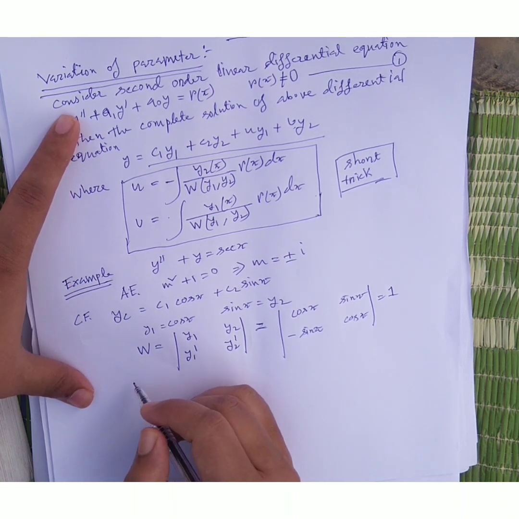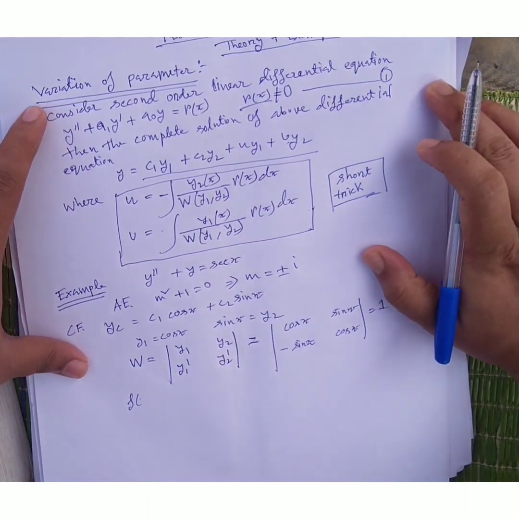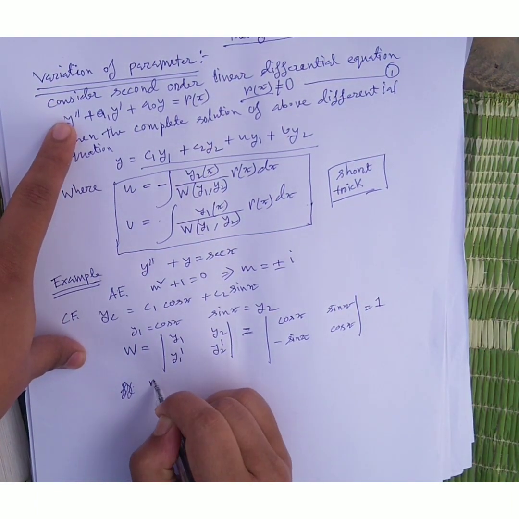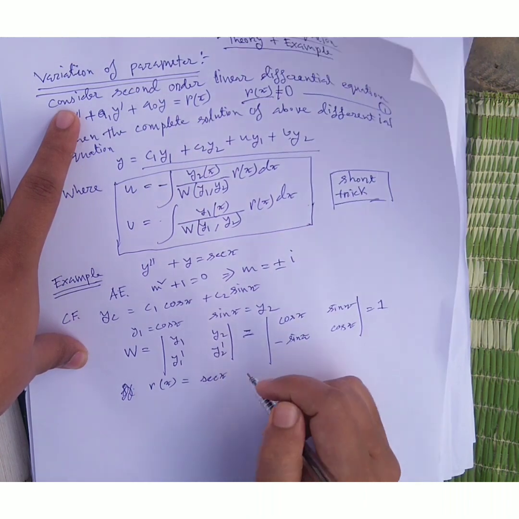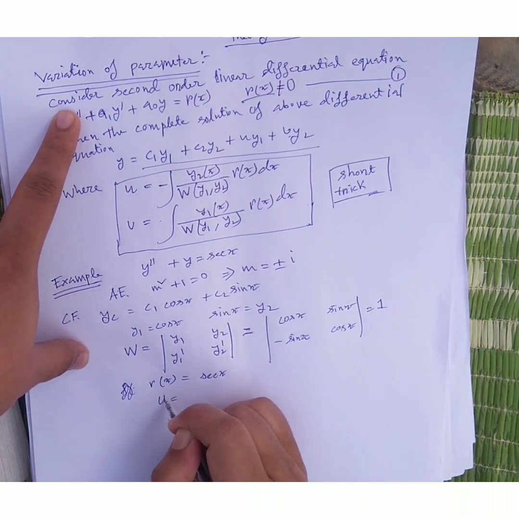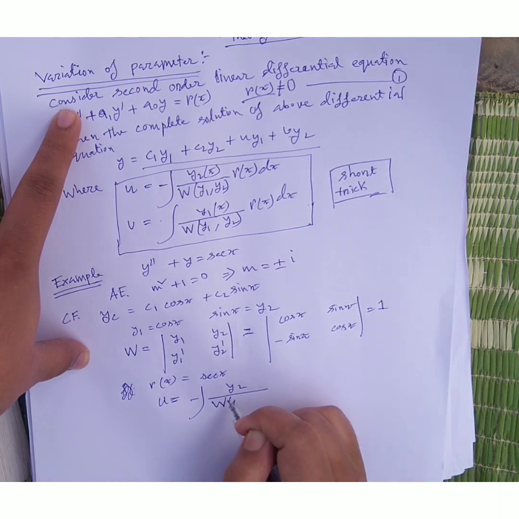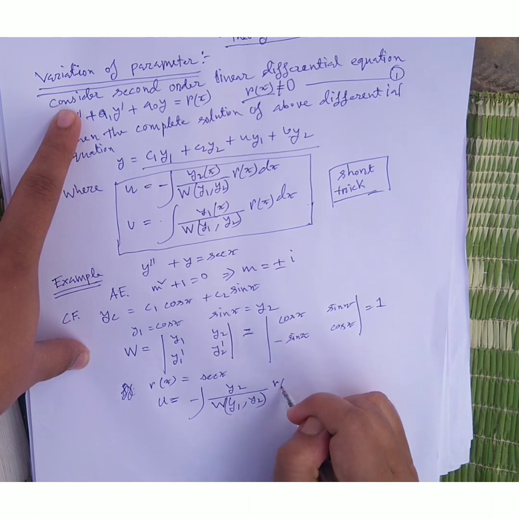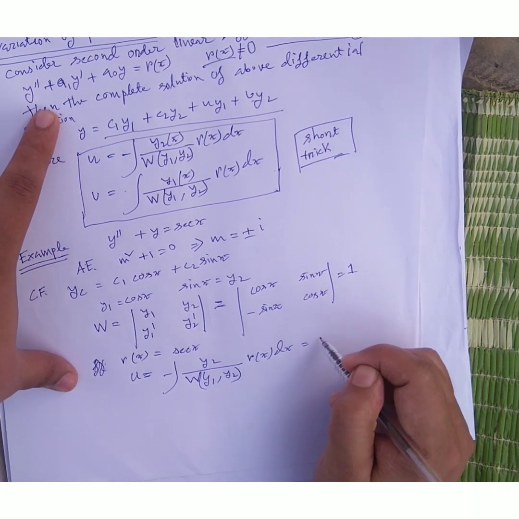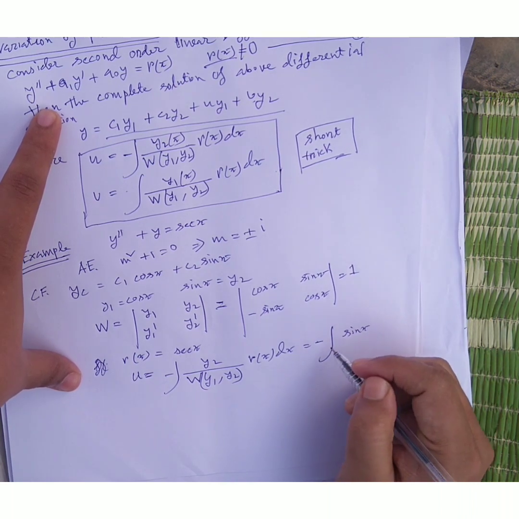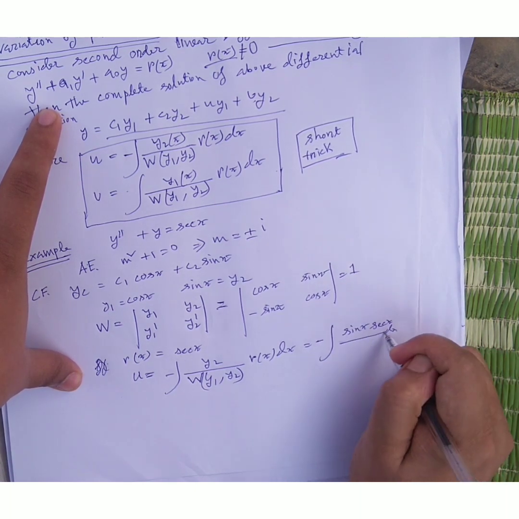So u is equal to, comparing with the equation, R(x) is equal to sec x, and u is equal to minus the integral of y2 R(x) divided by W(y1, y2) dx, where y2 is equal to sin x, R(x) is equal to sec x, and W(y1, y2) is equal to 1.